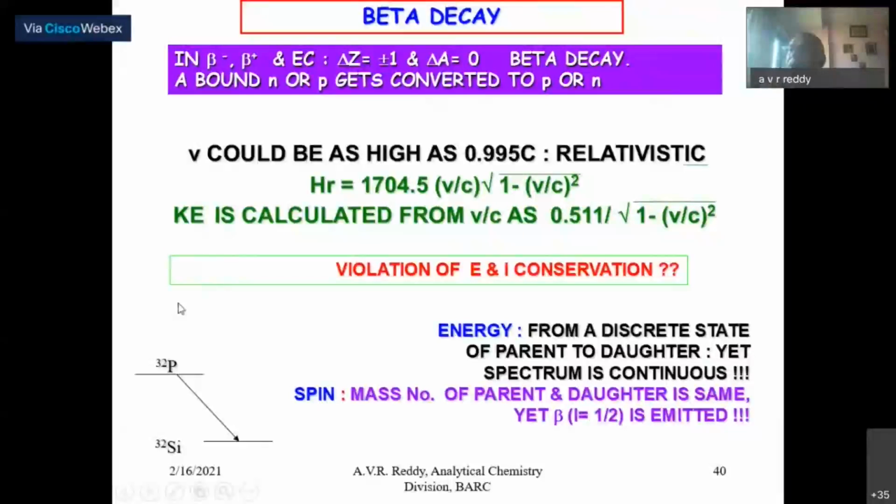That means the centroid corresponds to the alpha energy. Whereas in the case of beta decay, in the next slide I will show, it is varying continuously until the Q beta value. Like Q alpha, the Q beta value we can calculate from the exact masses.